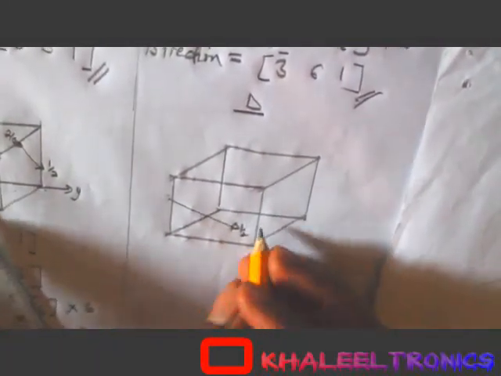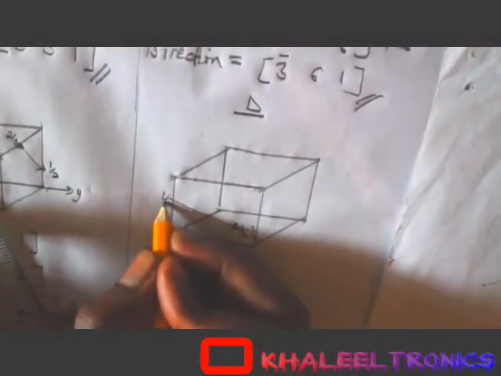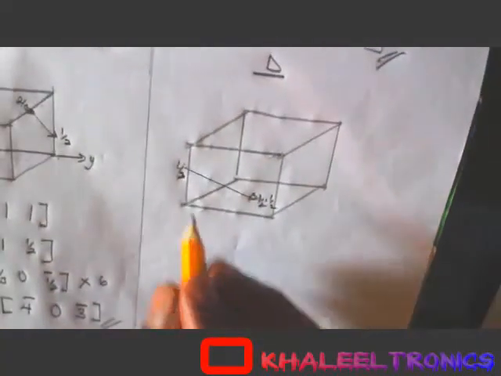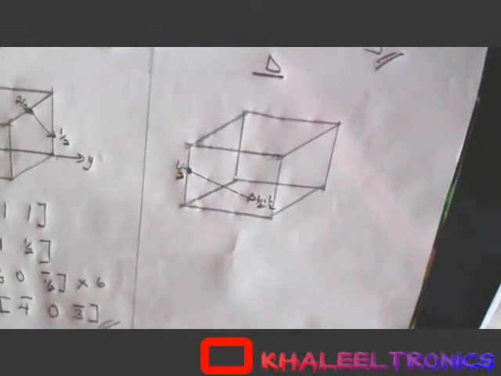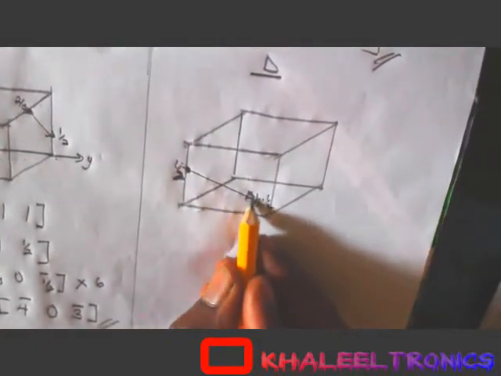Here is half, comma, half, and here is half. So for D, this is our tail and this is our head.